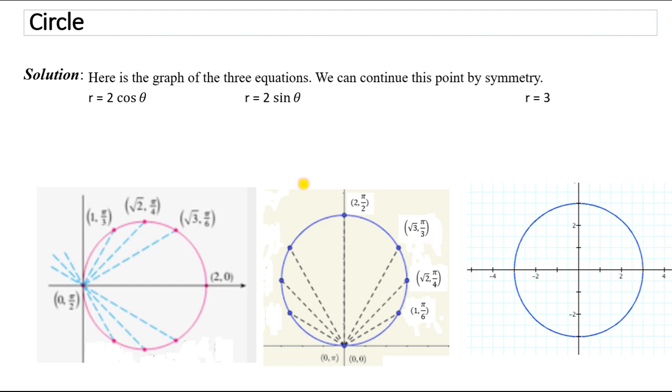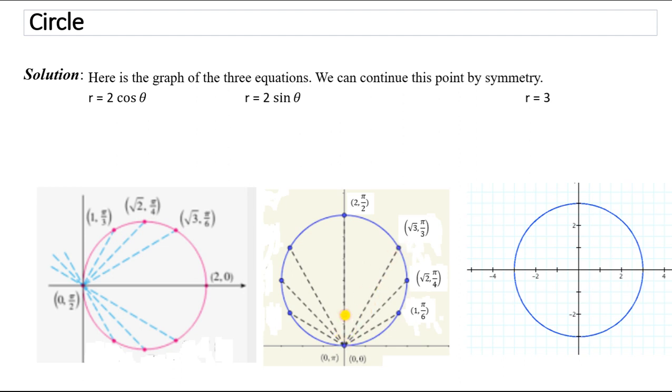If I want to sketch r = 2 sin θ: if θ = 0, r = 0. If θ = π/6, the distance is 1. This is 1 unit. If θ = π/4, the distance is 1.4. If θ = π/3, the distance is 1.7.